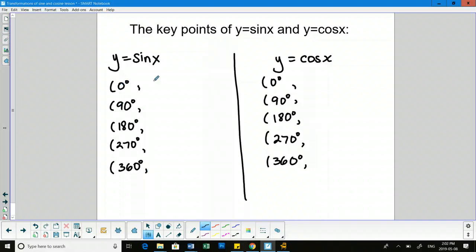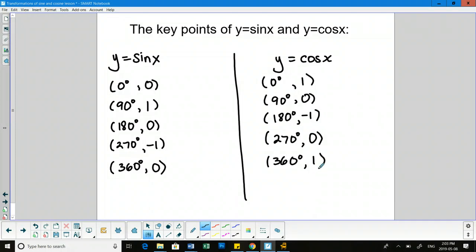So if I start plugging each of these in, I'm going to get 0, 0; 90, 1; 180, 0; 270, -1; and 360, 0. Okay, and then same thing for cosine. We'll be plugging each of these in, and we'll get 0, 1; 90, 0; 180, negative 1; 270, 0; and 360, 1.